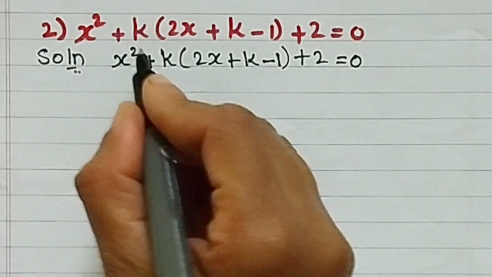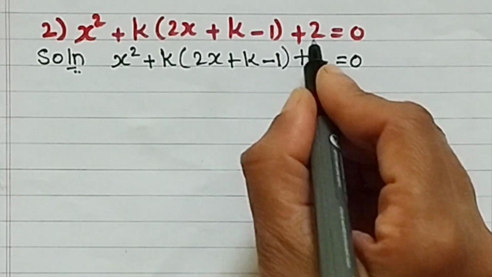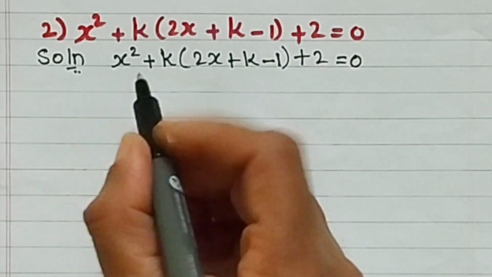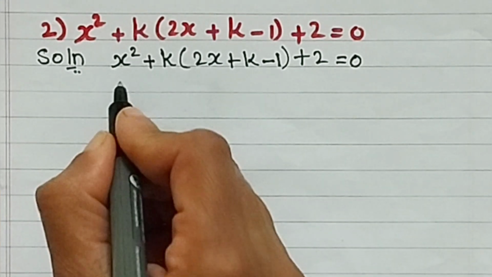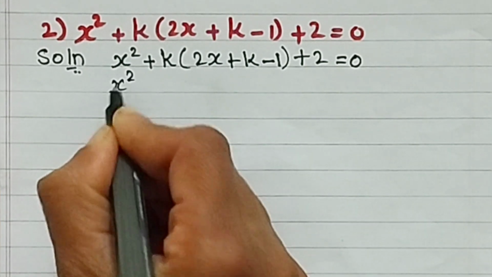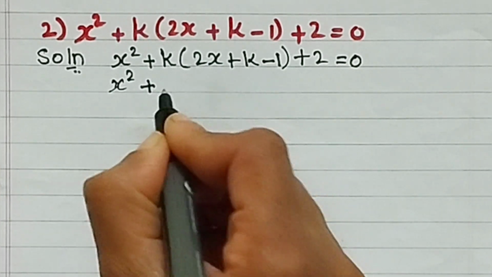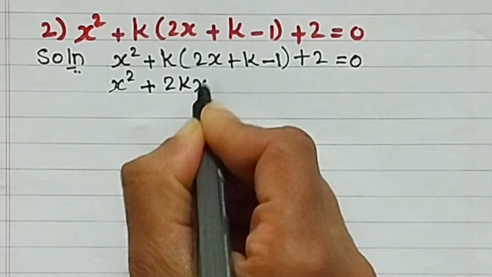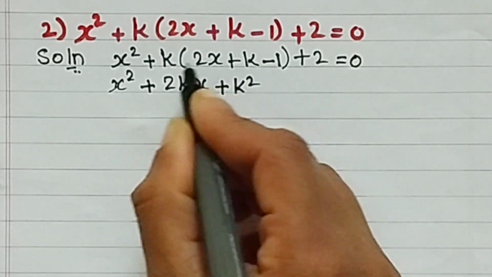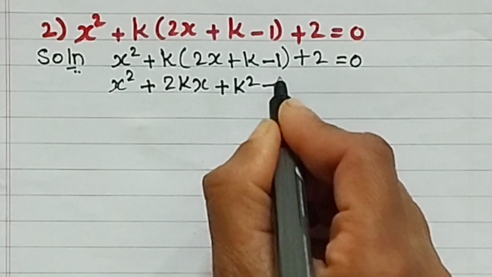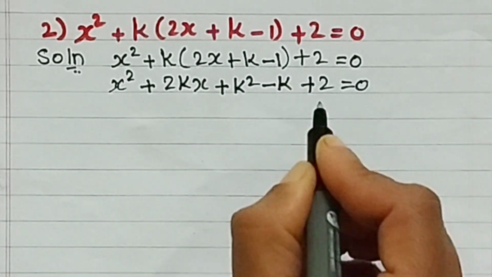The next equation: x square plus k whole into 2x plus k minus 1 plus 2 is equal to 0. Solution, here we need to rearrange the given equation, that is x square, open the bracket here, 2kx plus k square minus k plus 2 is equal to 0.